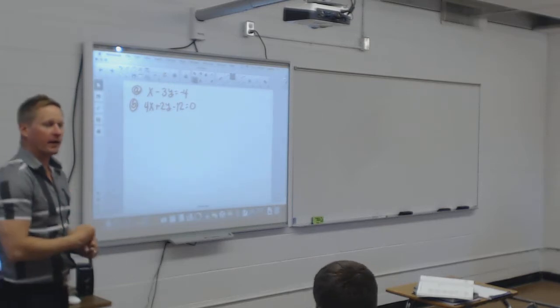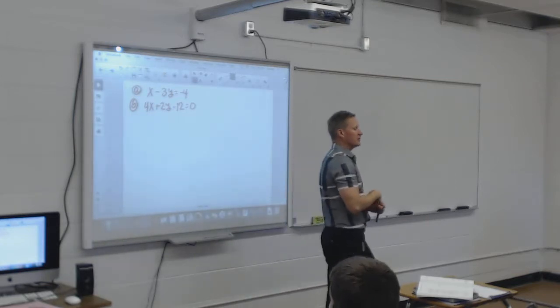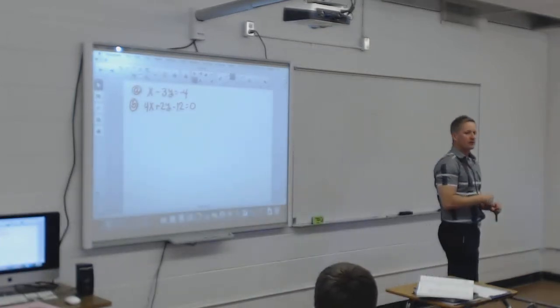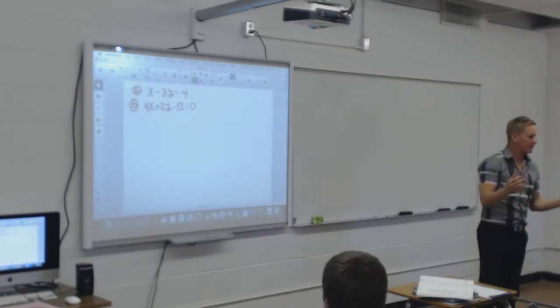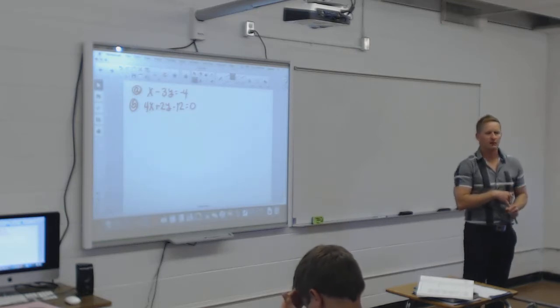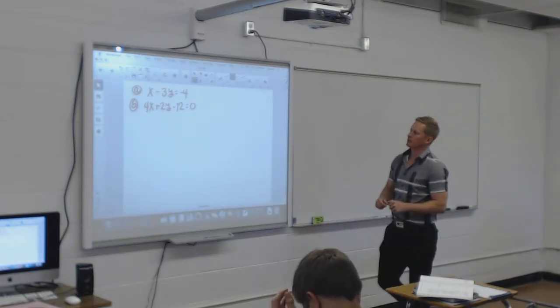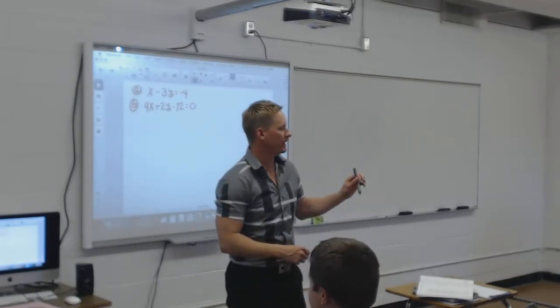So what am I looking for right now? A coefficient that isn't 1? No, a coefficient that is 1, because then it's an easy math thing from there. One math step and we're done. So which one do you want to isolate? X in A or B?